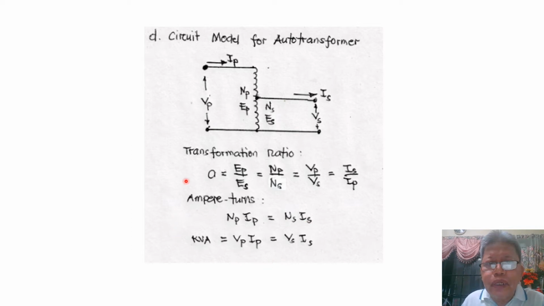The capacity of the autotransformer in kVA can just be found by multiplying the primary voltage Vp times the primary current Ip, or we can use the secondary voltage V sub S times the secondary current I sub S.